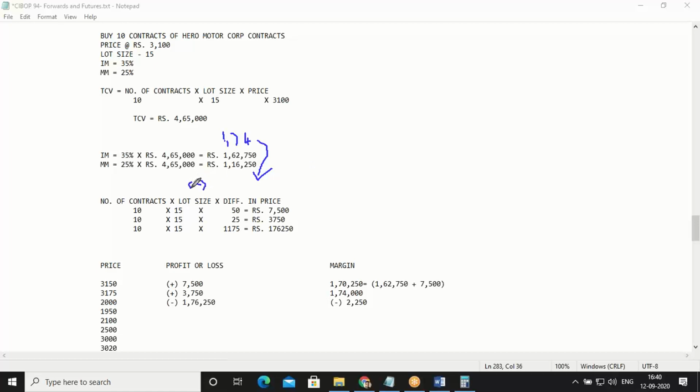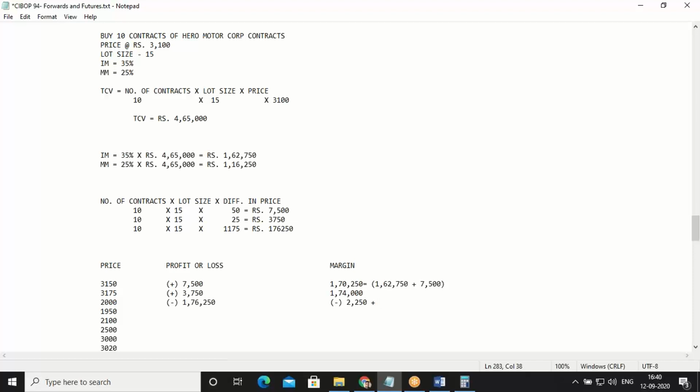Now, what does the rule state? If your account balance goes below maintenance margin, a margin call will be triggered, and you need to bring it up to 1,62,500. Right? Now, how much should we add? Again, we're going to go into our bank account and add the money back.